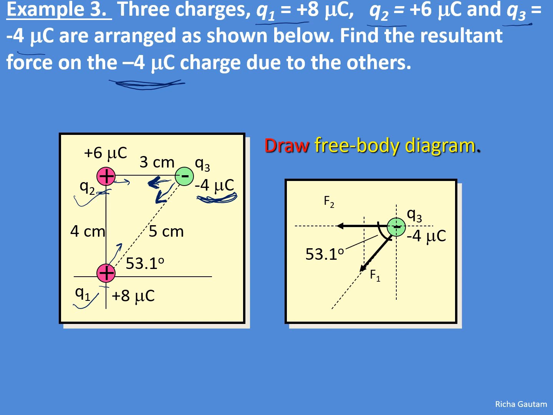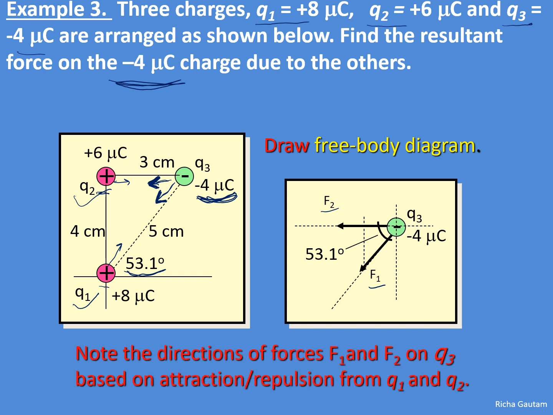So these are the two forces, F1 and F2, acting on this charge, and you can also find this angle between these by using the right angle triangle law. So note the directions of the forces F1 and F2 on Q3 based on attraction and repulsion from Q1 and Q2. So this is what I showed you in this one.